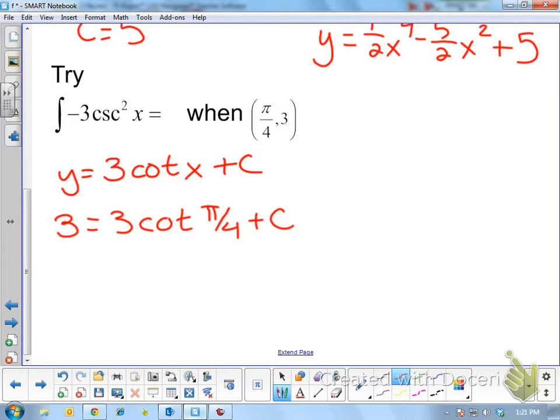Yes. Okay. So then, if this all is 1, minus 3 from both sides, we get c is 0. So the unique solution is y equals 3 cotangent x. We could write plus 0, but why do it?